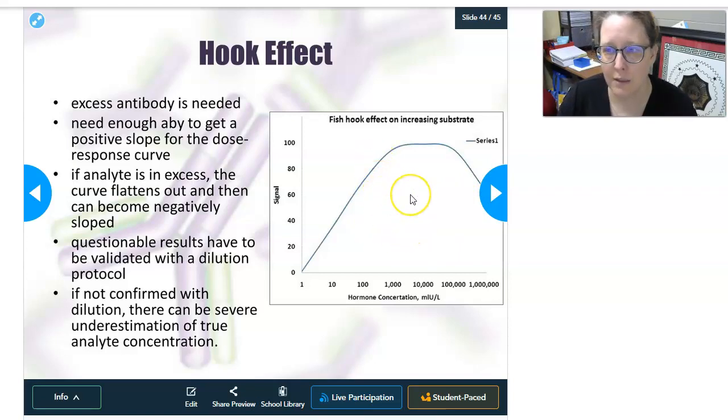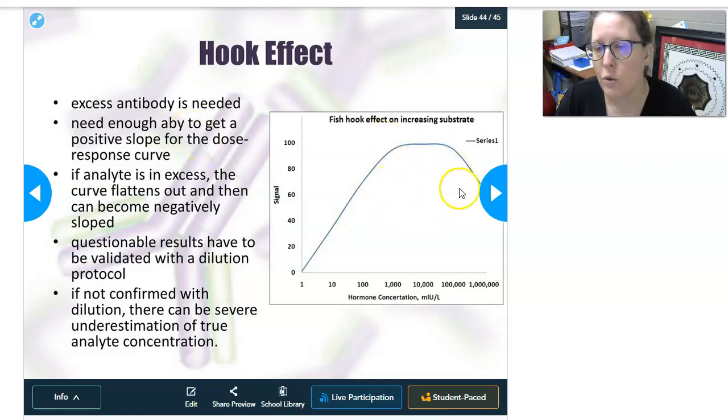So if you have a sample where you would have expected a higher result, but instead you're getting questionable results or low or no readings, which is kind of weird because you're getting a low signal but you were expecting a high one, then you have to dilute it, because you have so much antigen that you don't have your excess antibody. You need to dilute it to where there's excess antibody in your reagent.